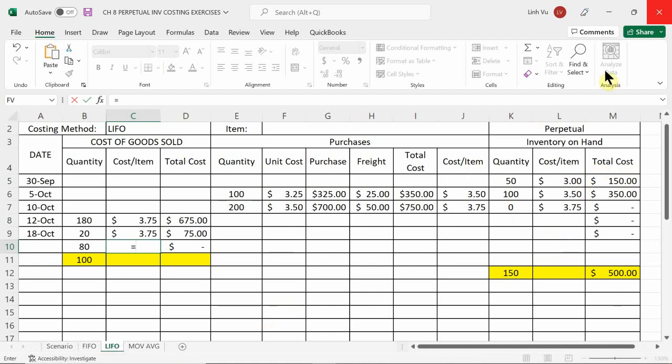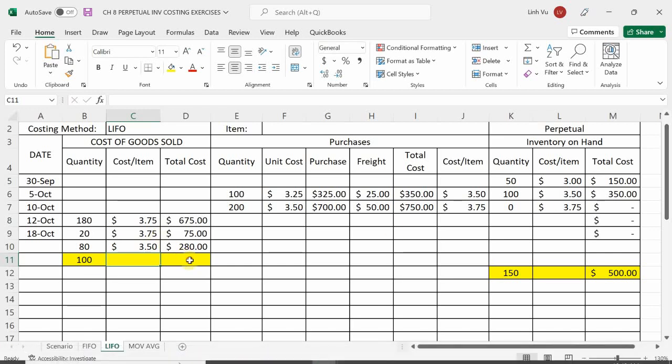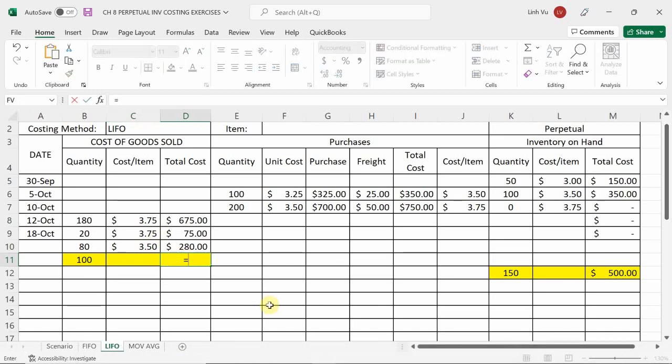So what is my cost of goods sold if I sold 80 at $3.50? $280. Add these up together, so the grand total for selling 100 units is going to cost me $355.